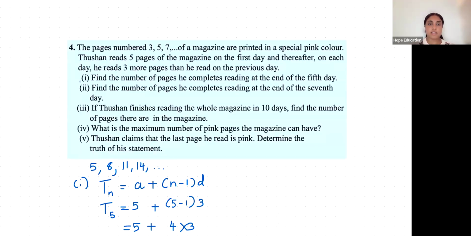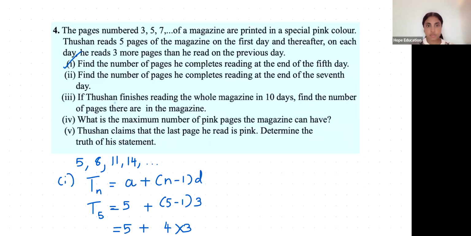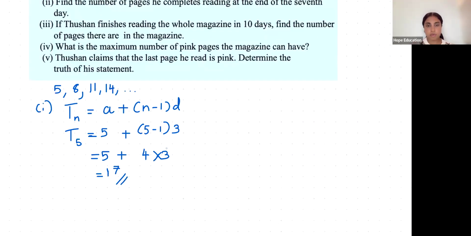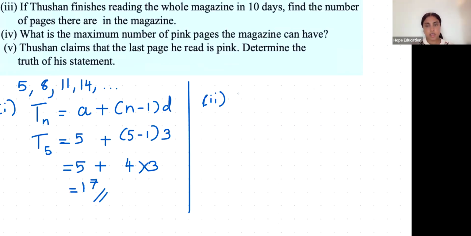Find the number of pages he completes reading at the end of the 7th day. So same thing, we have to apply the equation for T7. T7 equals a plus n minus 1 d.